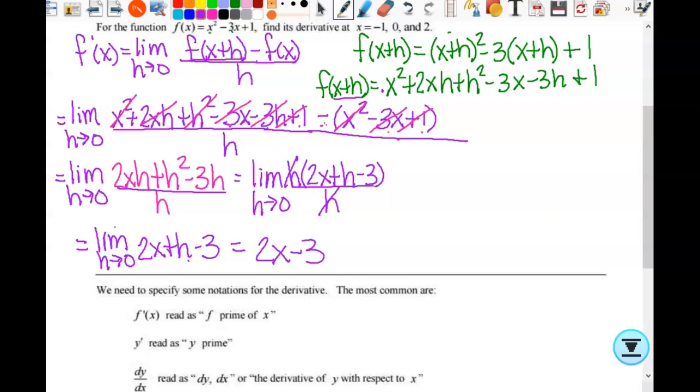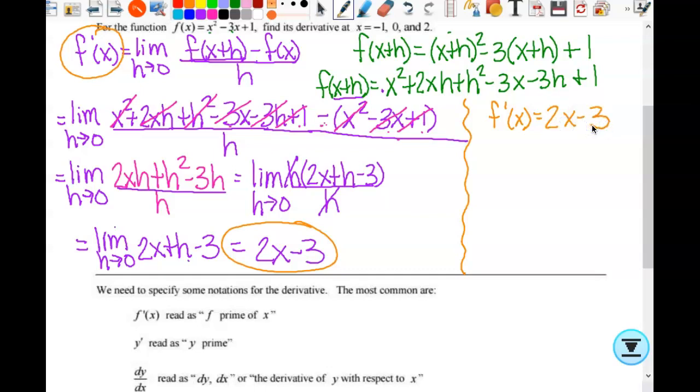So what we have just found here is f prime of x equals this right here. 2x minus 3 is the derivative of x squared minus 3x plus 1. Okay? So if we write over here, f prime of x is equal to 2x minus 3.